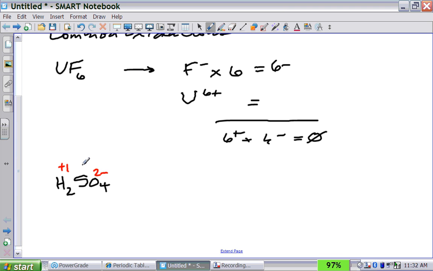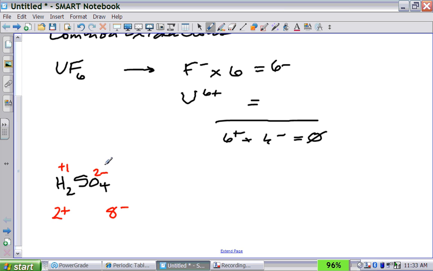Okay, now we know that sulfur can have multiple oxidation states because it's in the same group as oxygen. One of those possible oxidation states is -2, but because of where it sits here as the central atom, we have to ask, well, how can it be a -2? So let's go ahead right now and just add up the oxidation states. So we have a 2+ here, and we have an 8- here.